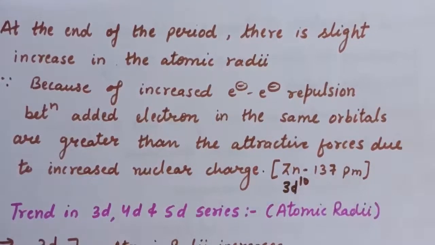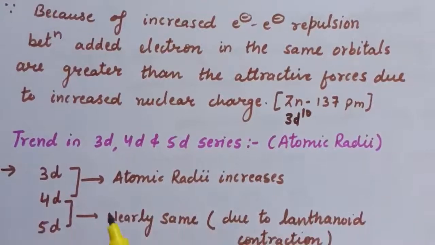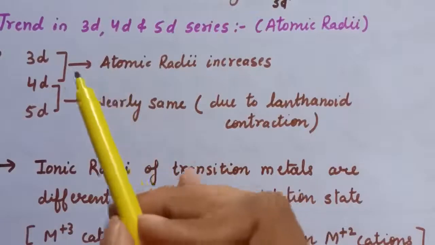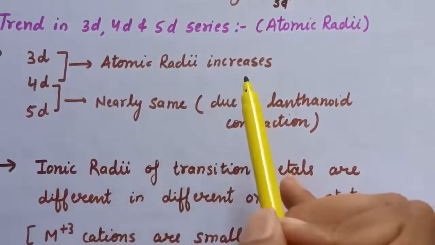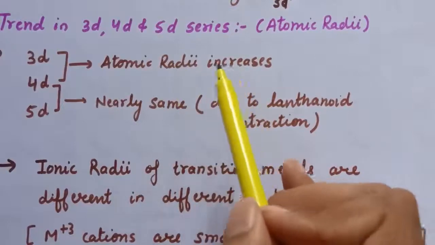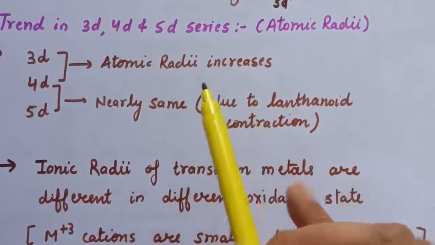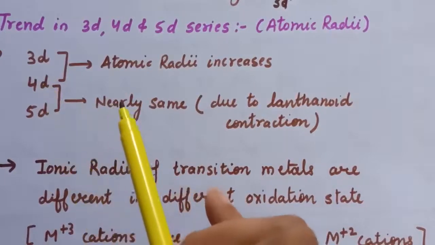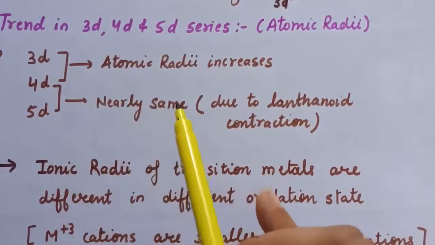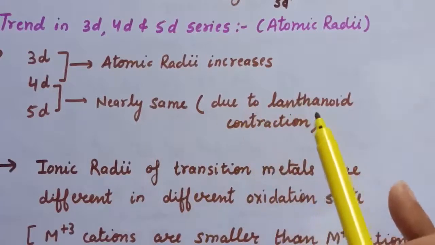Now next is the trend of atomic radii in 3D, 4D and 5D series. So when we move from 3D series to 4D series, atomic radii increases because the number of shells increases. But when we move from 4D to 5D, the atomic radii remains almost same, and the reason is lanthanoid contraction.